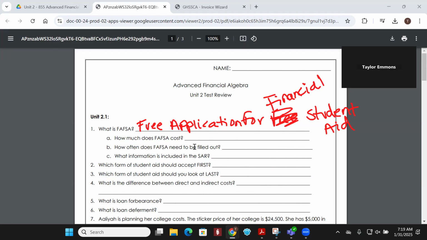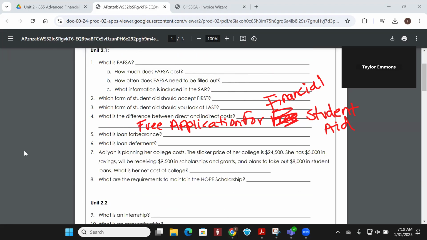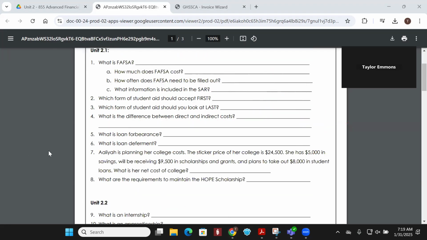Oh, this is a big one. Y'all messed this up bad on your quiz: forbearance versus loan deferment. Talk to me about it. Loan forbearance is where you're accruing interest on a payment, and loan deferment is where you're not accruing interest. Actually, this one is interest.